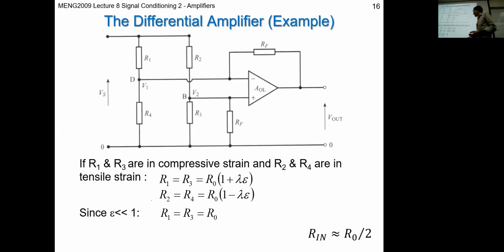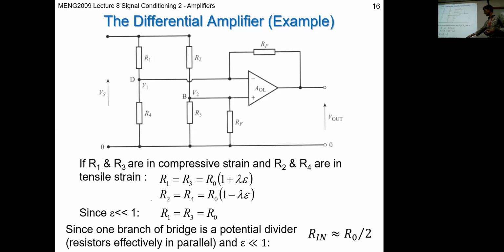Since epsilon is much less than 1, for some purposes we can neglect it and say R1 equals R3 equals R0. That's where I came to the issue of identifying the input resistance for this differential amp. You have to combine these in both cases and take effectively half the base resistance, since one branch of the bridge is a potential divider and the resistors are effectively in parallel.